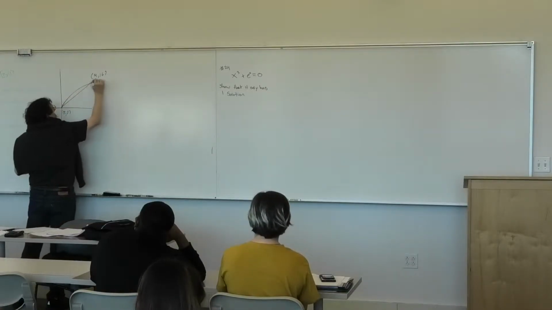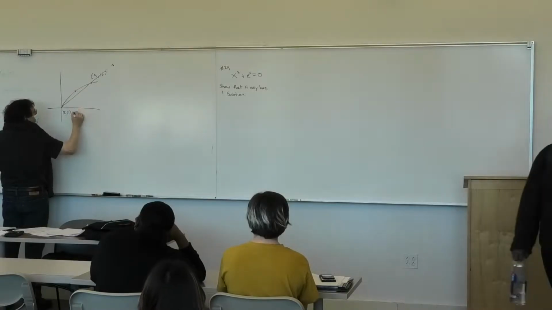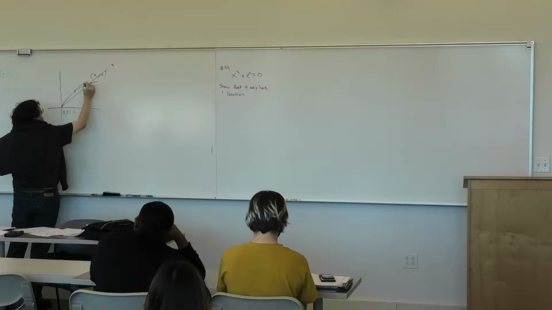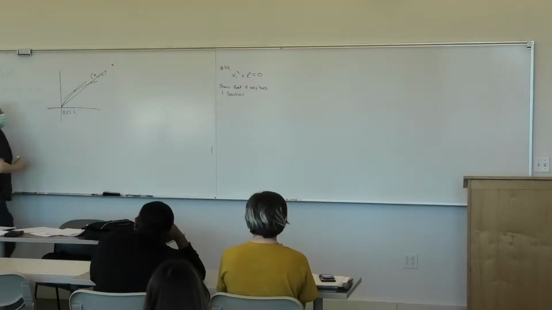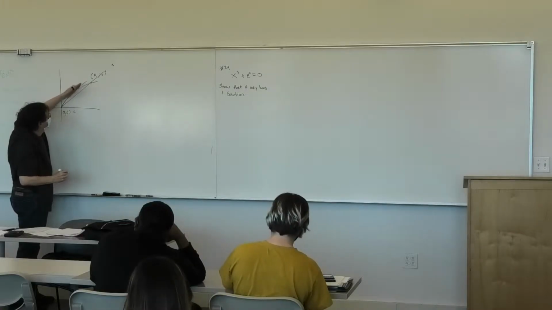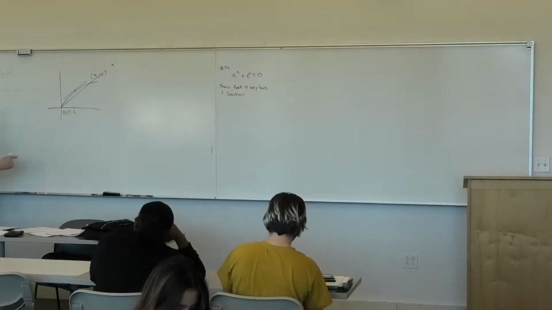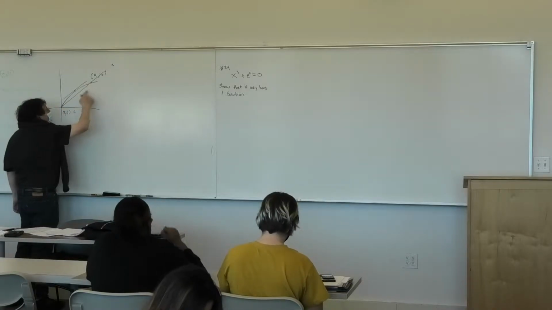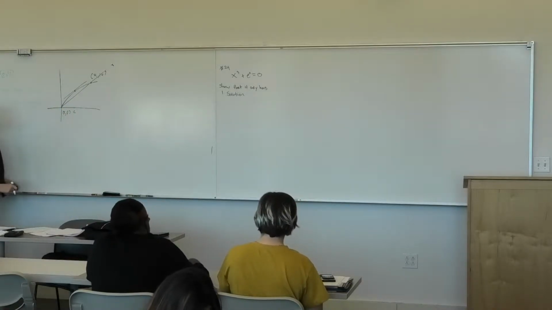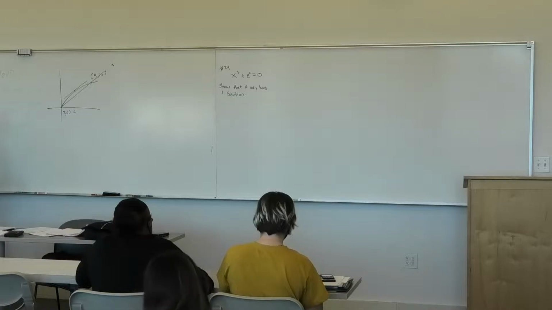And so the problem is asking for the point C here, where the slope of the tangent is going to be the same as this chord, I guess to call it.